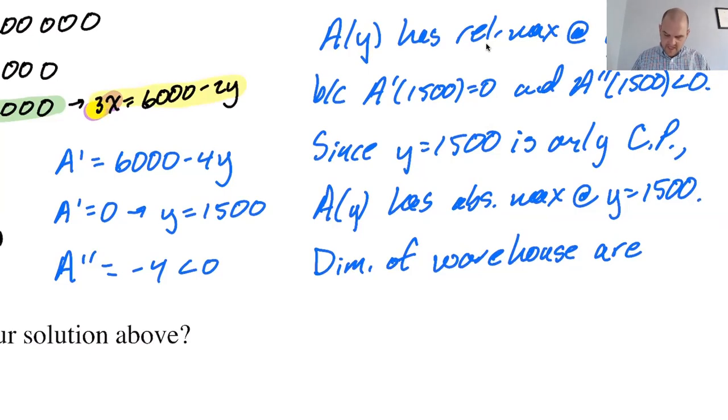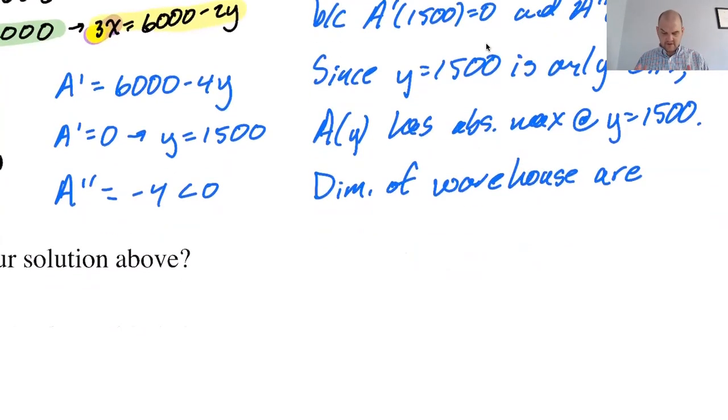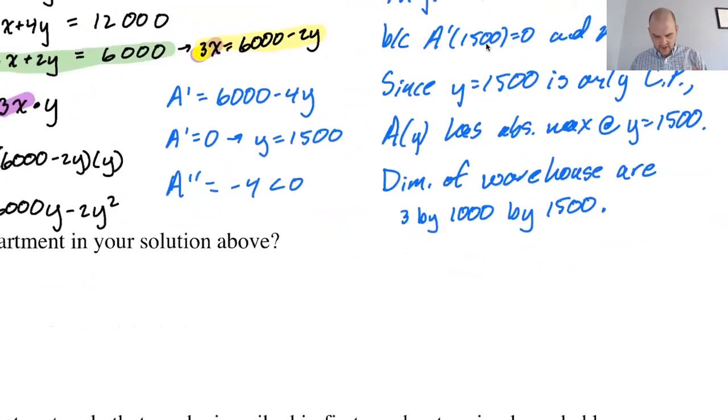So the dimensions of the warehouse are actually 3 times 1,000 by 1,500, so 3,000 by 1,500 units. I think this clearly communicates it if you add in the picture. So I'm good with that.